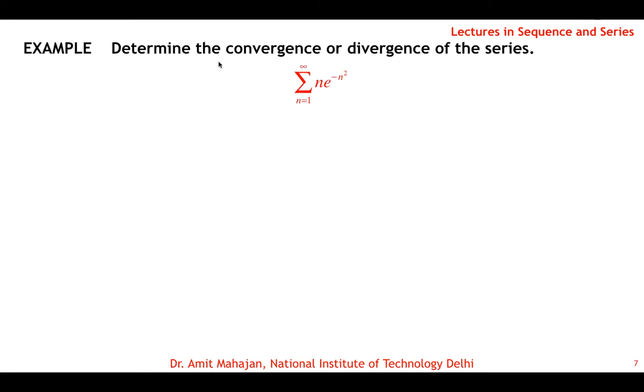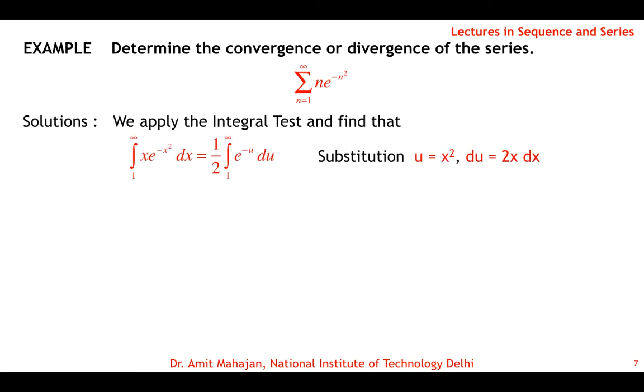Determine the convergence or divergence of the series n equals 1 to infinity of n e power minus n squared. Again if I write f(x) as x e power minus x squared, you can see again that it is a continuous function, decreasing and positive for all x greater than 1. So we can apply the integral test, and we can calculate the integral from 1 to infinity of x e raised to minus x squared dx.